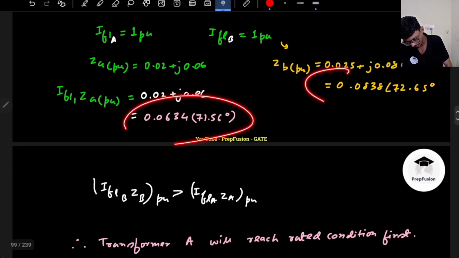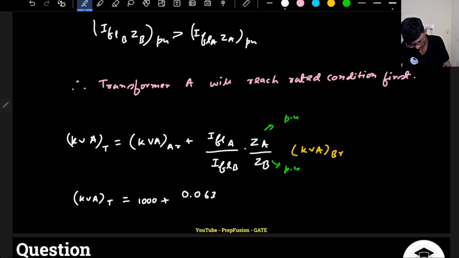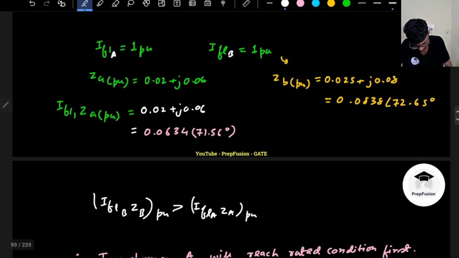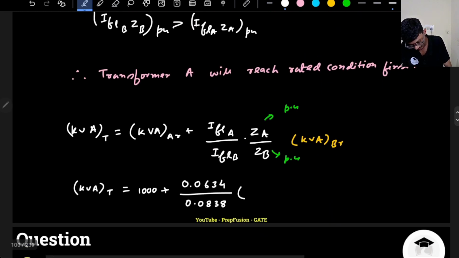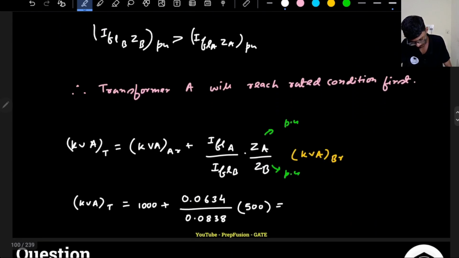This drop upon this drop, so this will be 0.0634 divided by 0.0838 into the kVA base of the transformer B, that is 500 kVA. Okay, so I will calculate this value: 0.0634 divided by 0.0838 into 500 plus 1000.